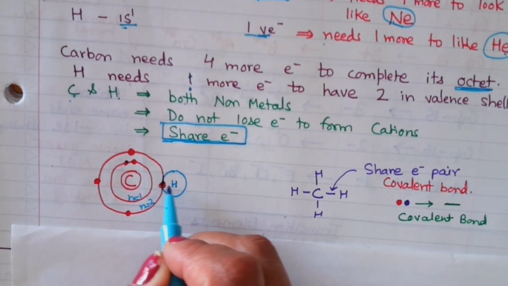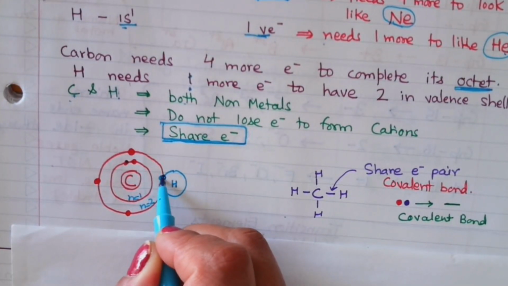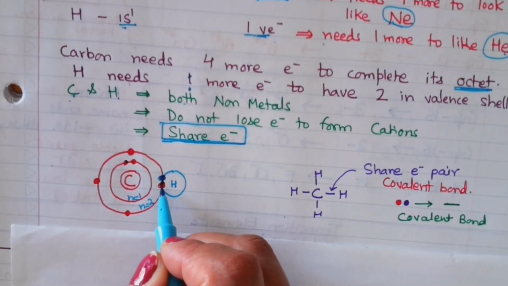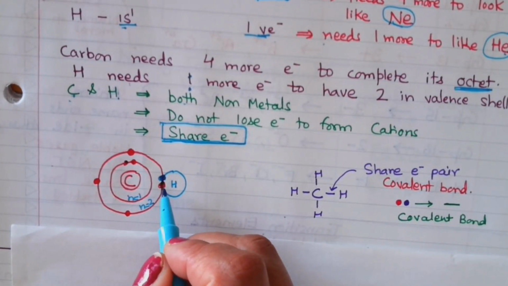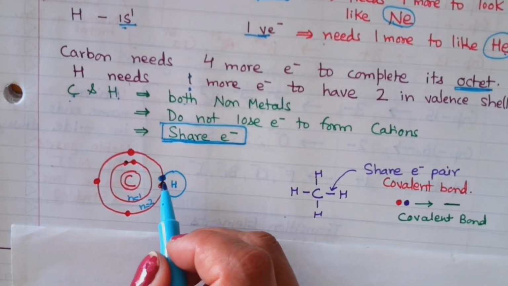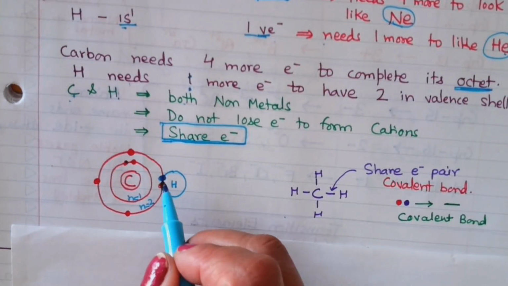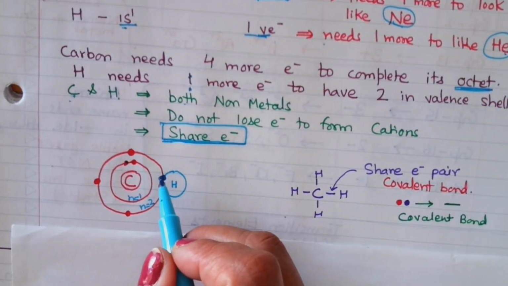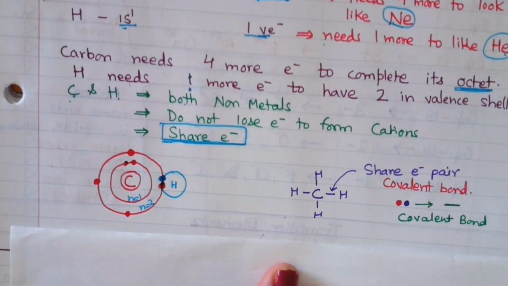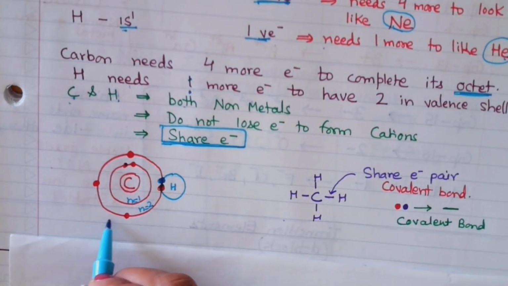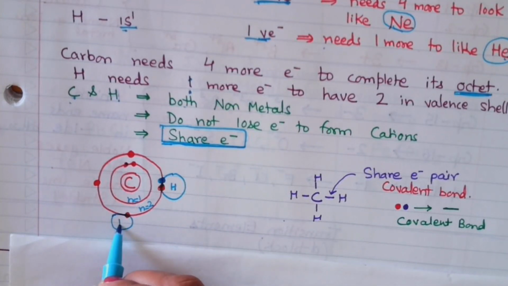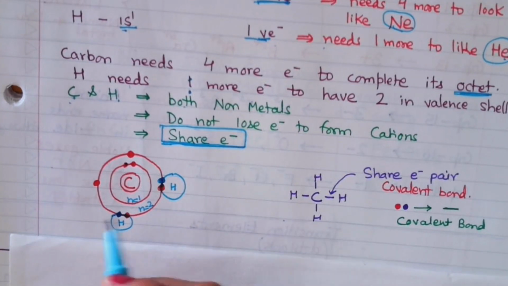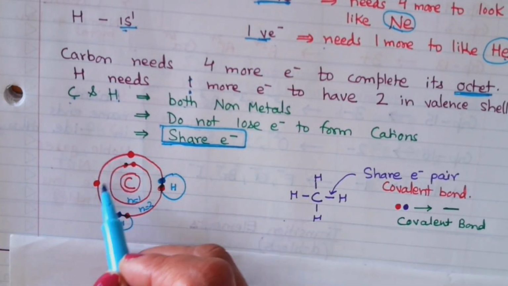Hydrogen has only 1 electron. So 1 hydrogen atom can share its electron with the carbon, right? So carbon now has 1, 2, 3, 4, 5 electrons, right? It's still short of 3. So another hydrogen can share its only electron with the carbon, right? Now carbon needs 2 more, right?